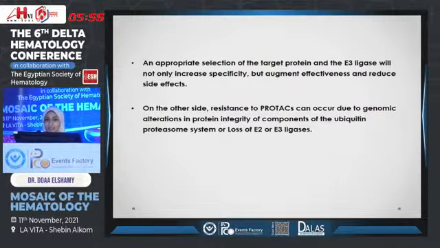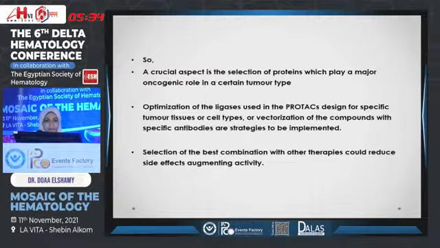An appropriate selection of the target protein and E3 ligase will not only increase specificity, but also augment effectiveness and reduce side effects. On the other hand, PROTAC resistance can occur due to genetic alteration in the integrity of the ubiquitin or proteasomal system, or E2 or E3 ligases.